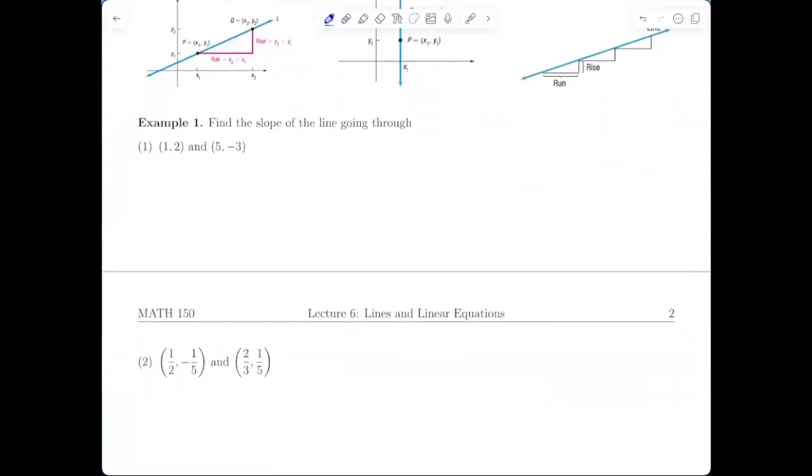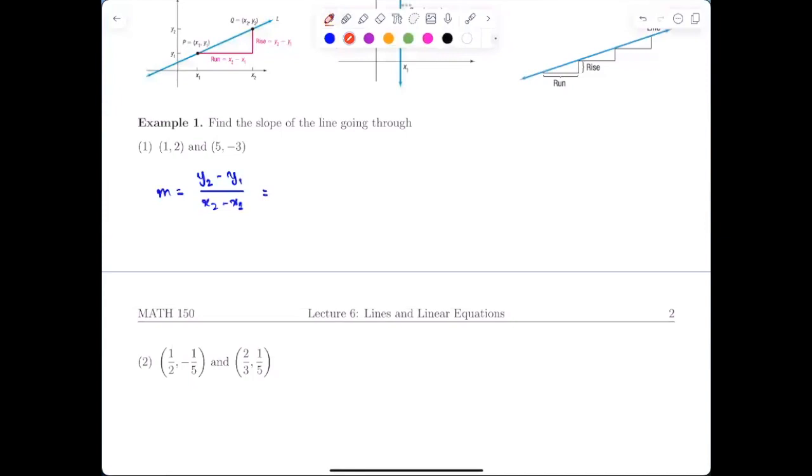Now, for example 1, we're going to apply the formula of the slope to calculate the slope of the line going through 2 points. Given the point (1, 2) and the point (5, -3), we can find the slope of the line going through these 2 points. So m is equal to (y2 - y1) over (x2 - x1).